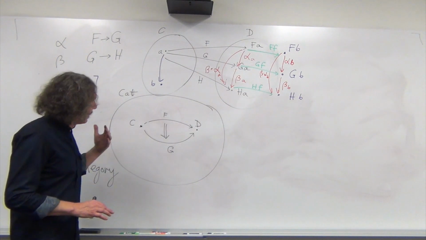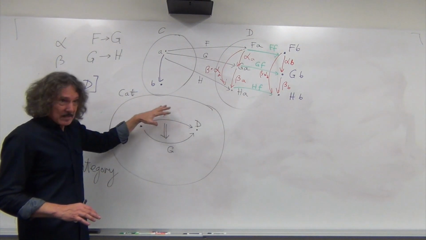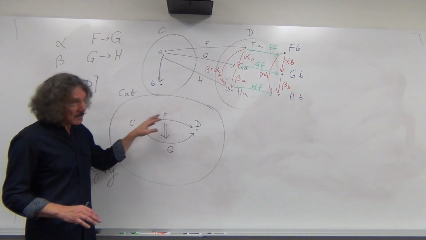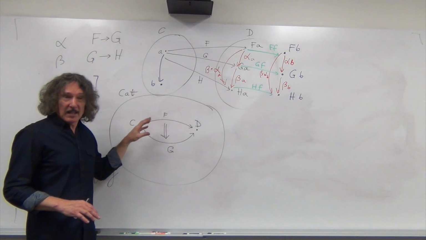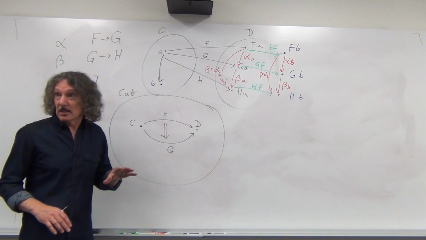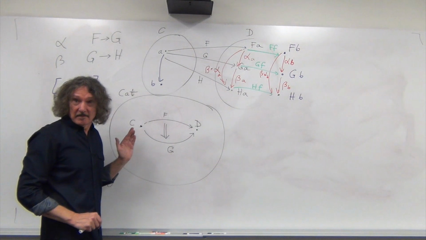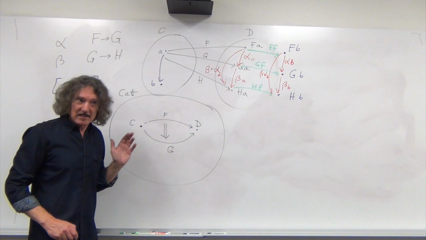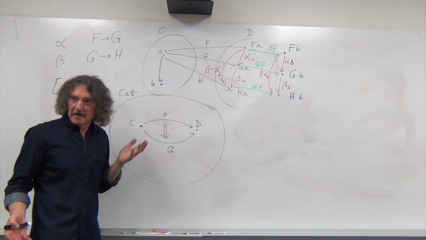Objects form a set. So Cat is usually thought of as a category of small categories, right? And functors between small categories also form a set. So a category in which morphisms form a set is called a locally small category. Locally small means Hom sets are sets. Now, of course, this is like crazy talk because Hom sets are sets, right? So what else can there be, right?